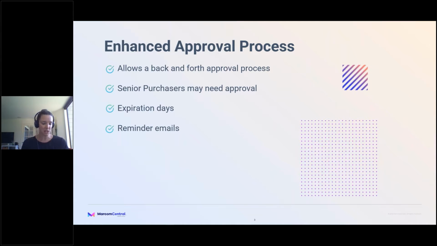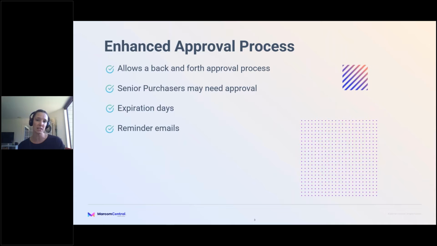So if a senior purchaser or a purchaser orders something and the approver looks at that order, instead of going in and fixing it for them, they can deny it, and then that purchaser can go in, fix it, and then go back and it will send back to the approver again.